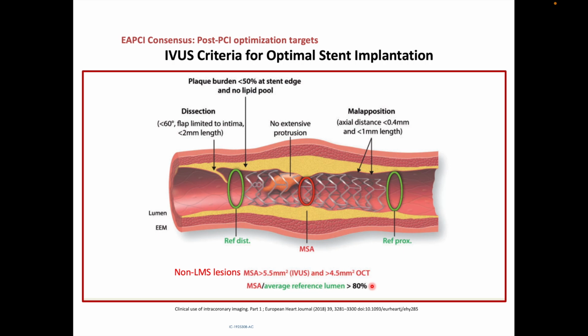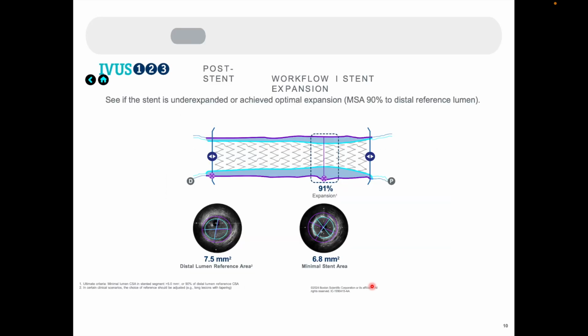If we want to look more into the expansion, the other way is to do the comparison with the distal lumen reference area rather than the average of proximal and distal lumen areas. So here if you see the stent, the minimal stent area is 6.8 mm², and how you take it out is by putting this blue line inside along the stent struts.